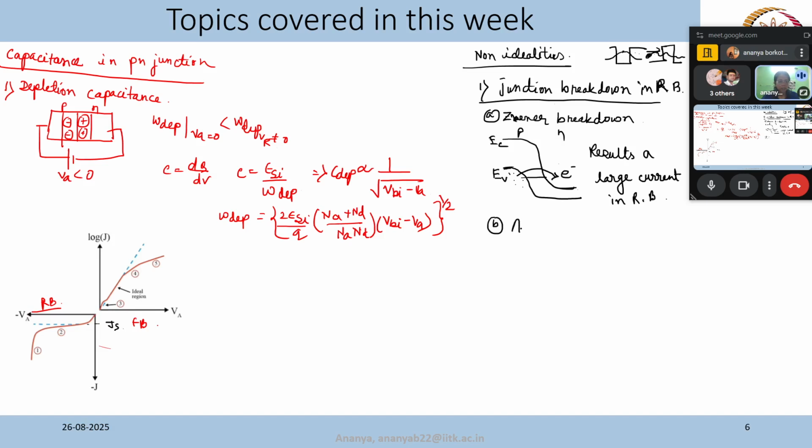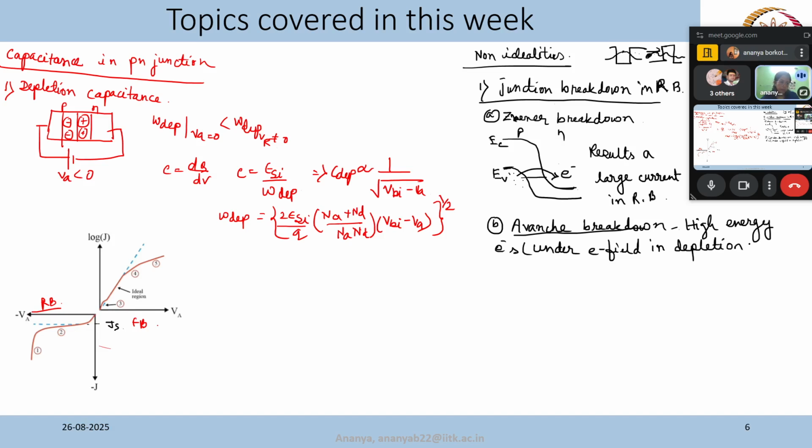Now another type of breakdown is avalanche breakdown. So what happens in this kind of breakdown? High energy electrons under the electric field in the depletion region.